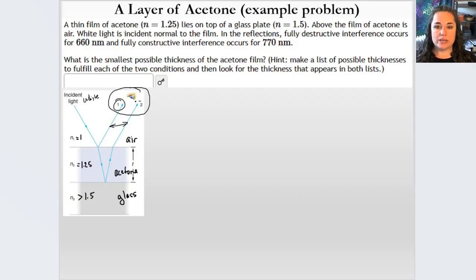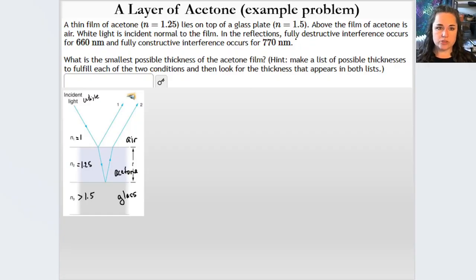Even though these two rays are separate and drawn not on each other in this sketch, what actually happens is they are on top of each other and they do interfere with one another. And you can even just shoot light straight down, and then you wouldn't have any angle to worry about. So I just wanted to cover that point and let you know that even though they're separate, they are interfering.